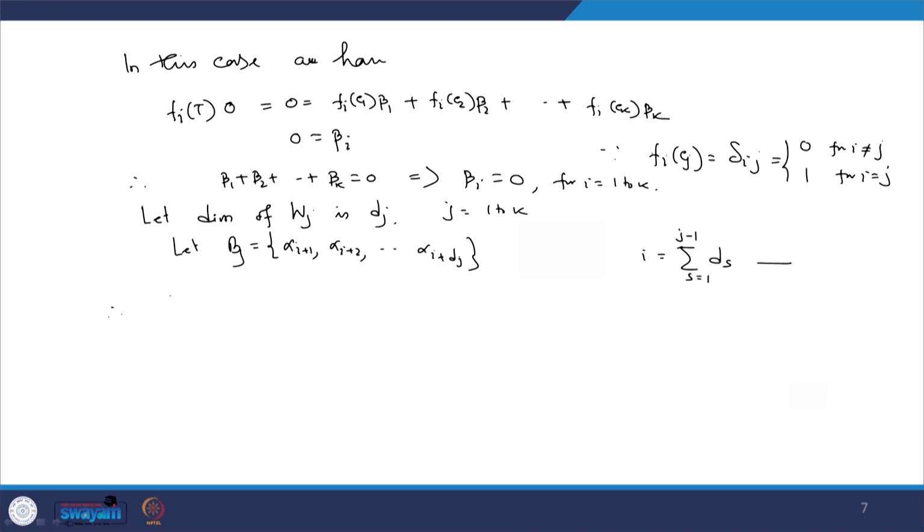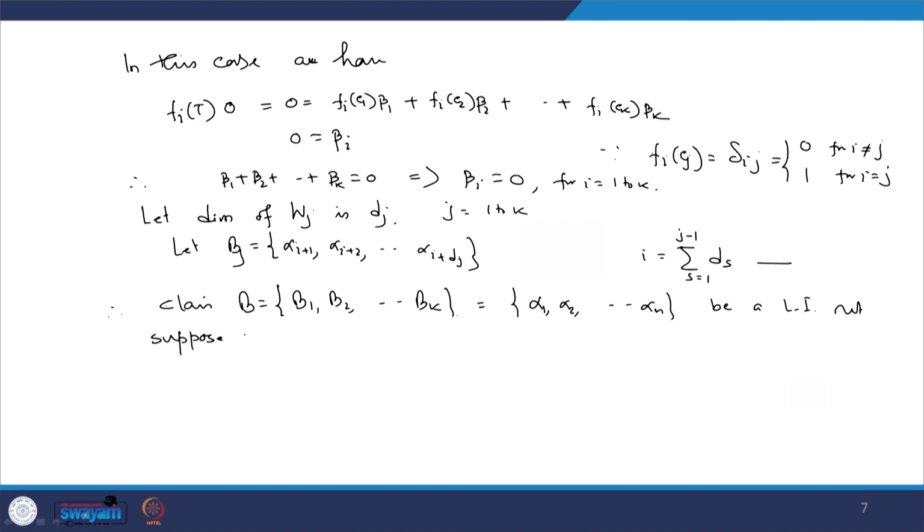Now, claim: B consisting of all of B1, B2, Bk, which is basically alpha 1, alpha 2, up to alpha n, is a linearly independent set.